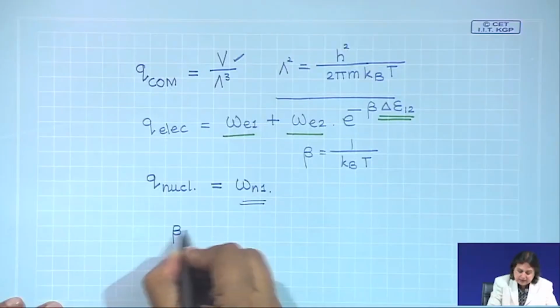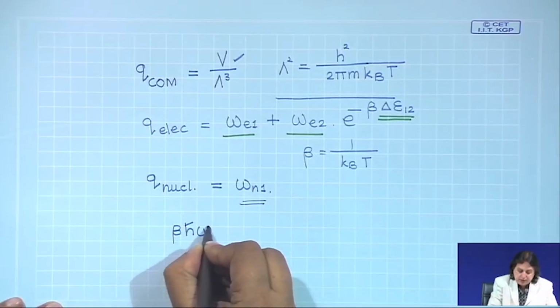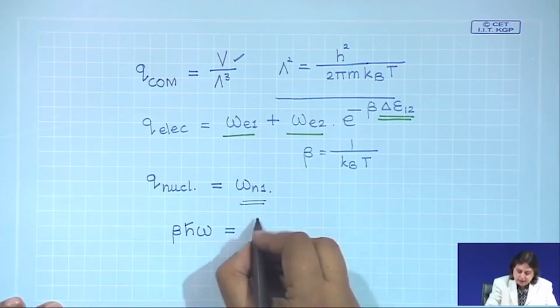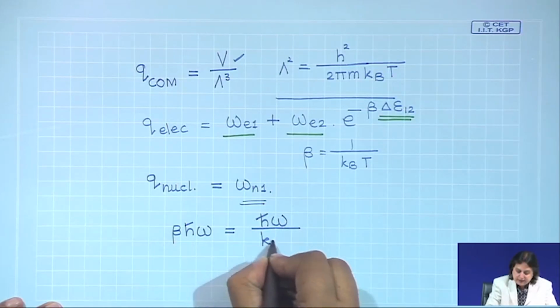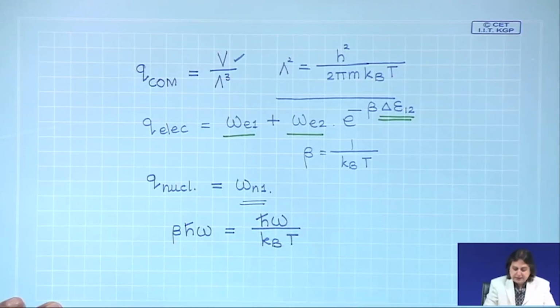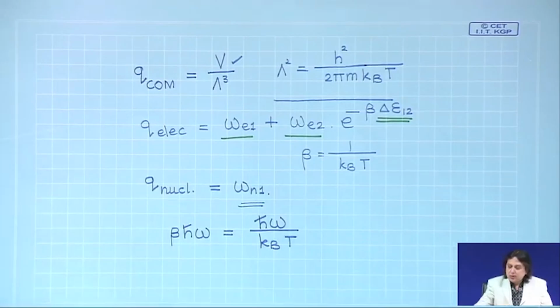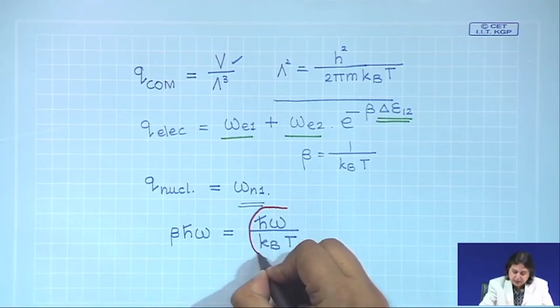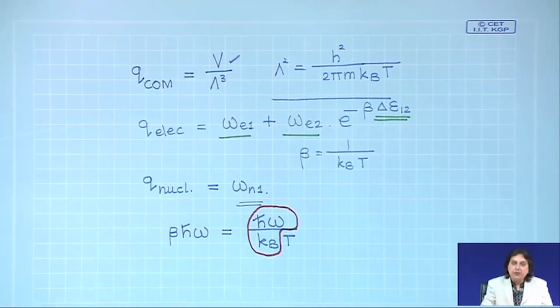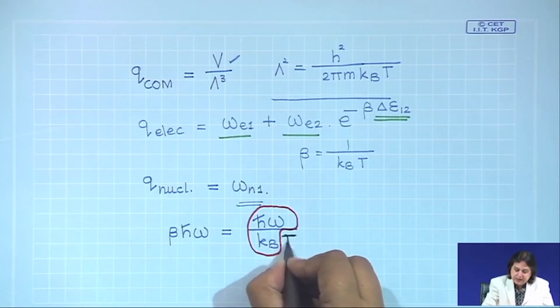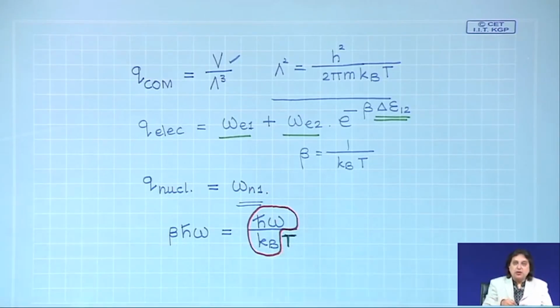So, I have this term beta h cross omega, and if I write it down explicitly in terms of beta, I have h cross omega by kT. So, what is a constant for a given substance, given type of chemical bond? This is a constant for a given type of chemical bond, and the temperature is decided by the experimental condition that you are controlling at the macroscopic level.